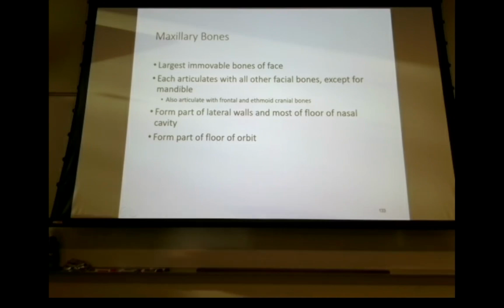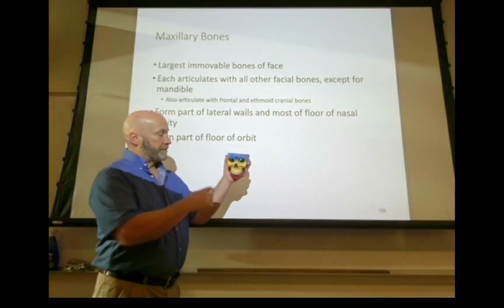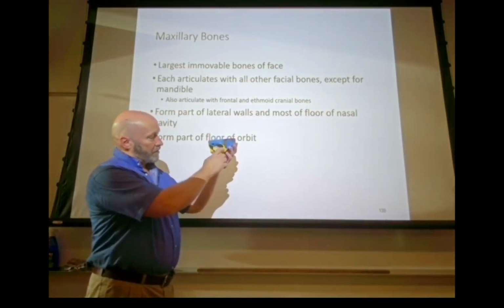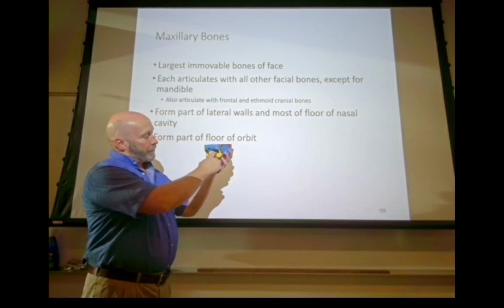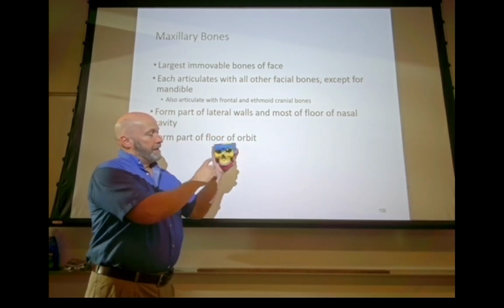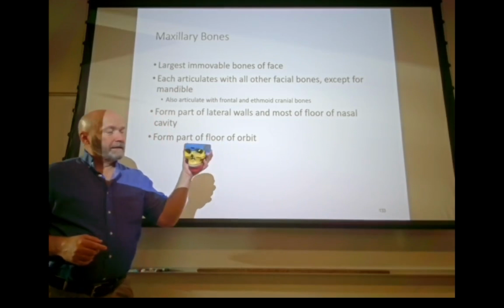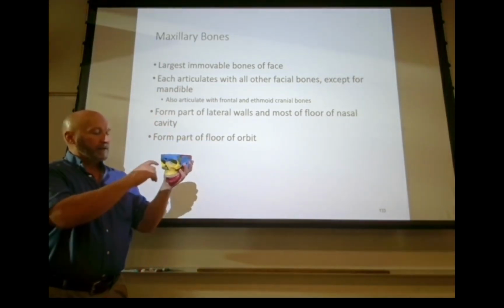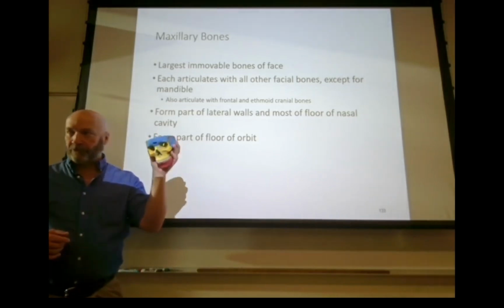And the importance of this is in some of our fractures. You're looking at this skull model here, floor of the orbit is right here. So what we're going to look at is ways to image possible fractures of the floor of the orbit.